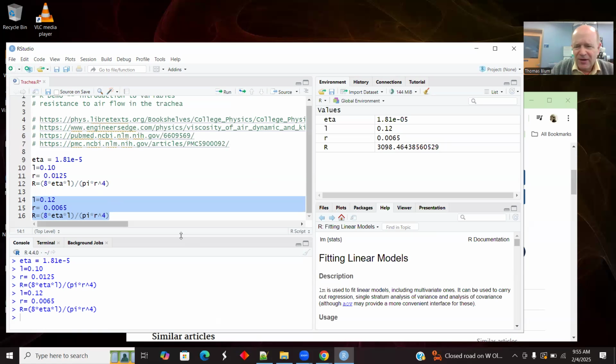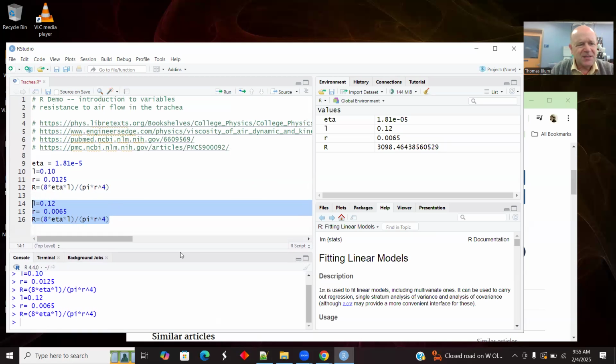That's it. I have no idea if these values make any sense; I'm more interested in demoing R and playing with variables. So we had a bunch of variables and gave them values. This was the computer version of scientific notation with the E, then we entered the formula, and then the idea of variables, that they are indeed variable, that we can change them.